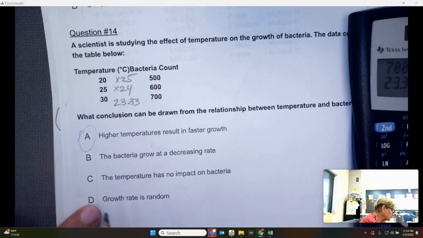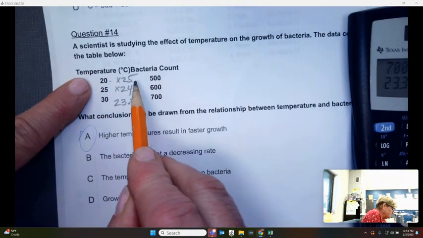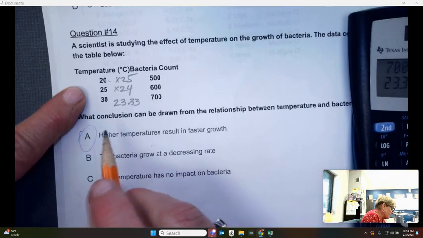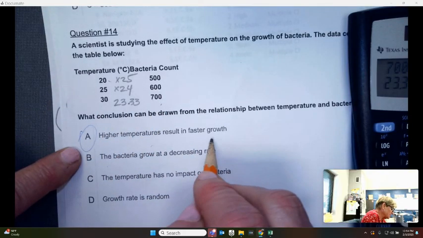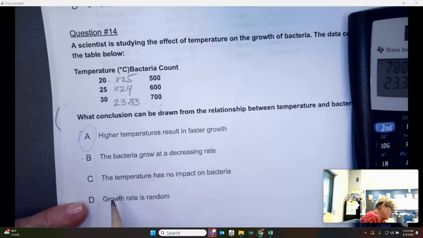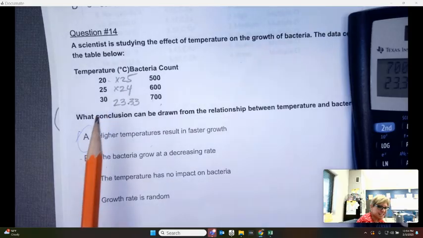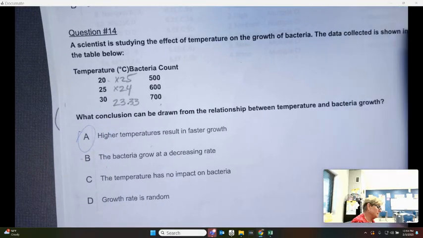All right, so it looks like the lower temperature gives you less bacteria and the higher temperature gives you more bacteria, so higher temperature results in faster growth. Bacteria grow at a decreasing rate? No. The temperature has no impact? No. The growth rate is random? Well, not exactly, because it's kind of a steady change. So higher temperatures result in faster growth.